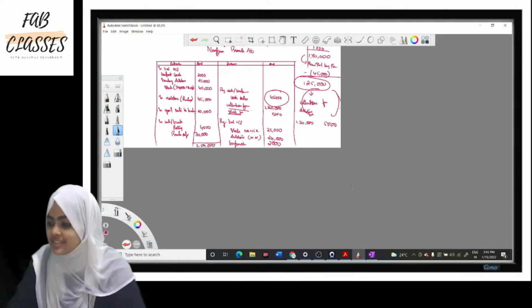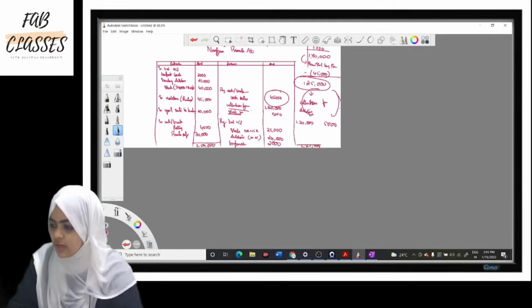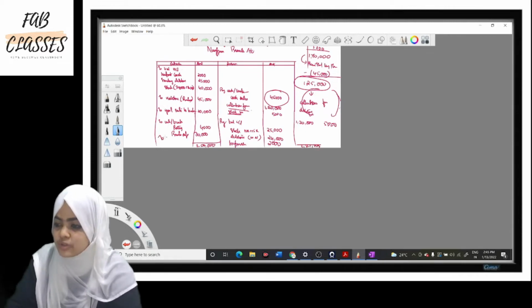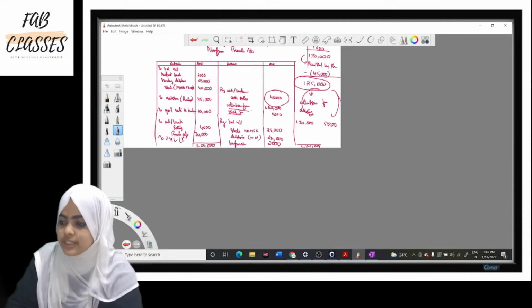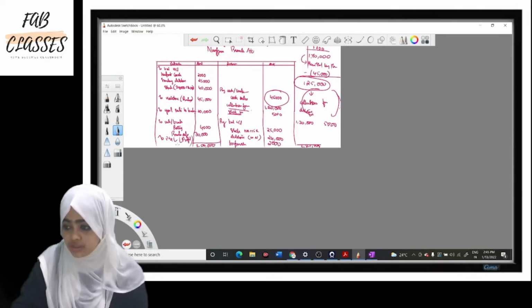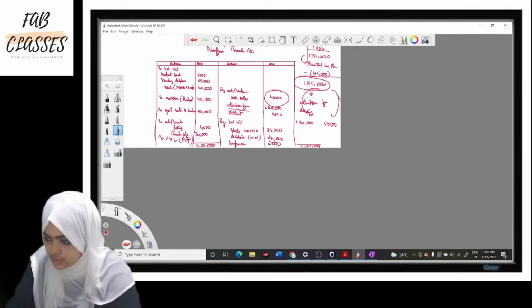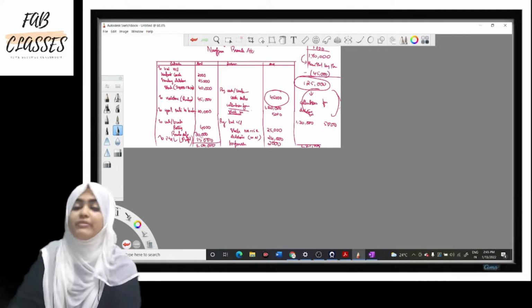So the total here is 2,21,000. What is the difference? The difference will be the profit that will go to P&L account, 2,21,000 minus 2,06,000, that would be 15,000. So the profit would be 15,000.